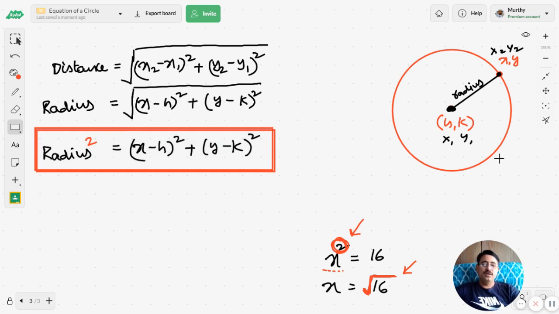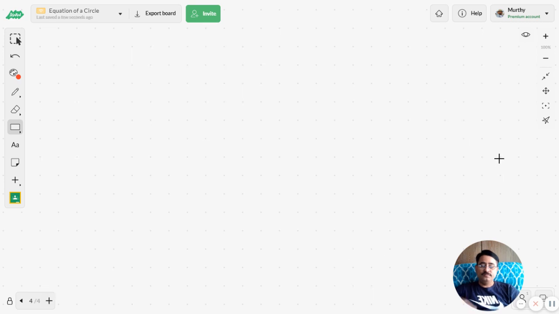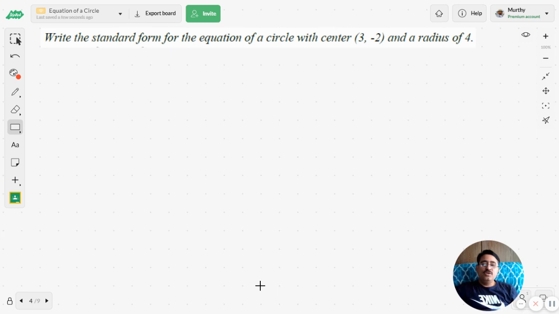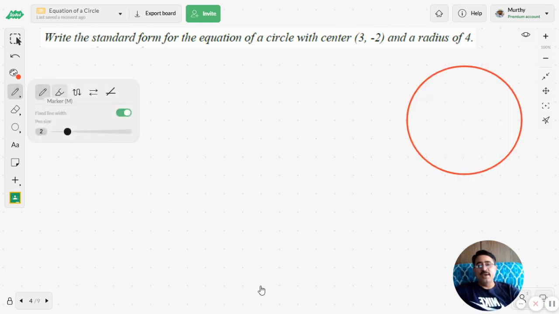That's it. Now let me take a couple of questions. Let's look at this example. Write the standard form for the equation of a circle with center 3, -2. So here, if the center is not the origin, always consider that one as h, k.